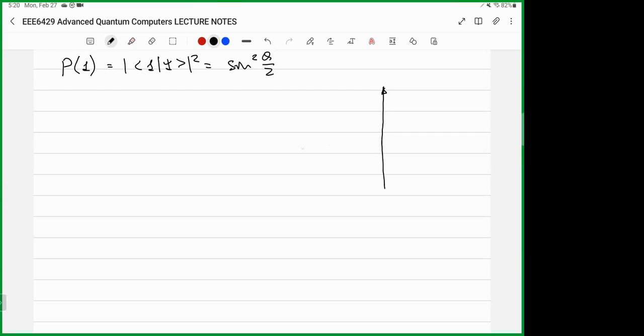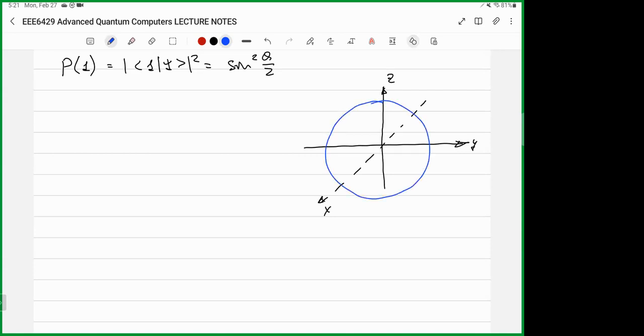Let's draw the axes z, y, and x. Right. So this is x, this is y, and this is z. Let me draw the sphere like this. Okay, so this is my Bloch sphere.